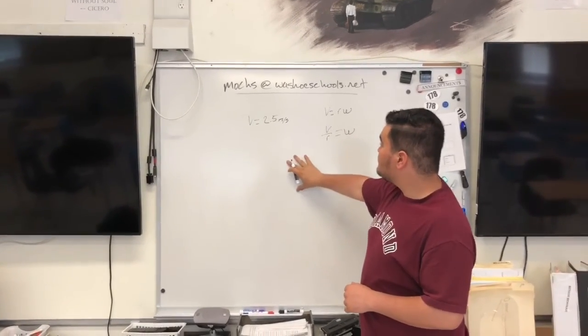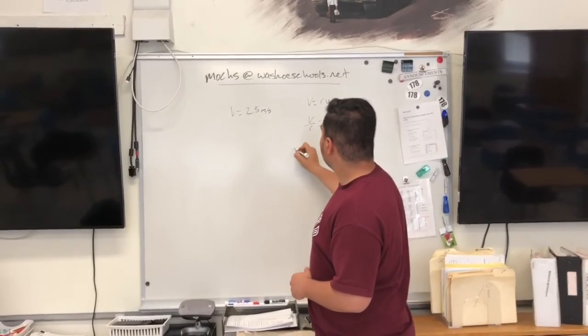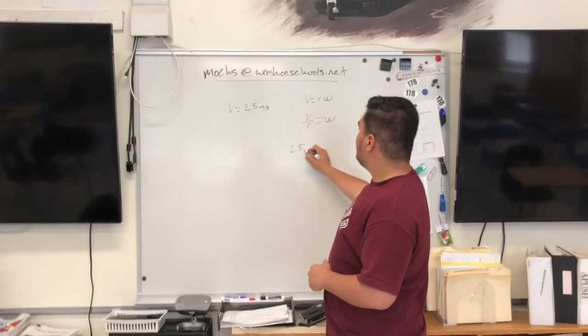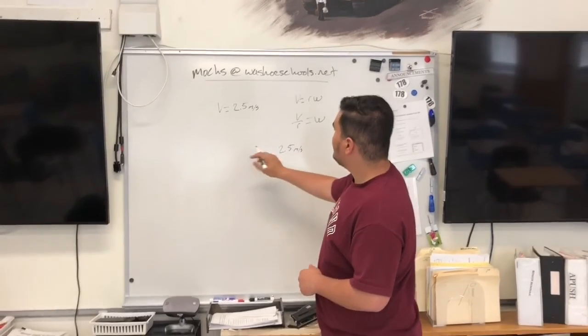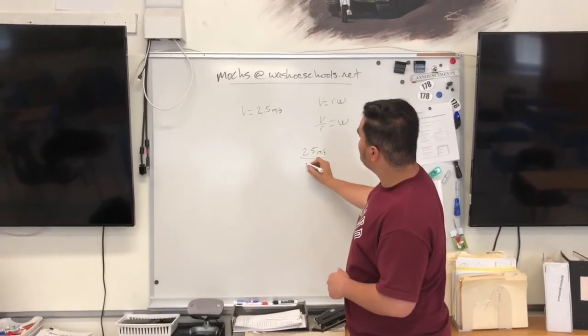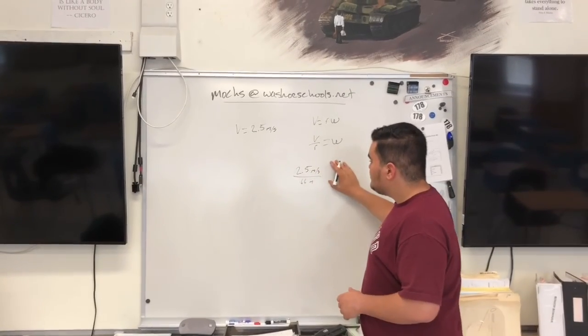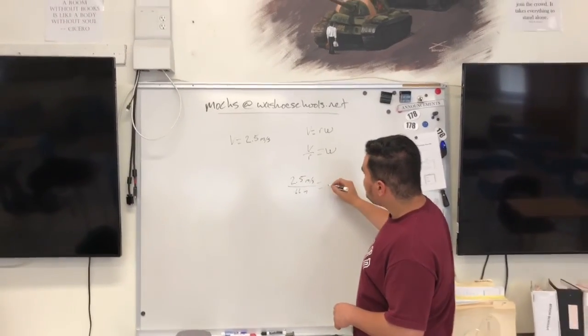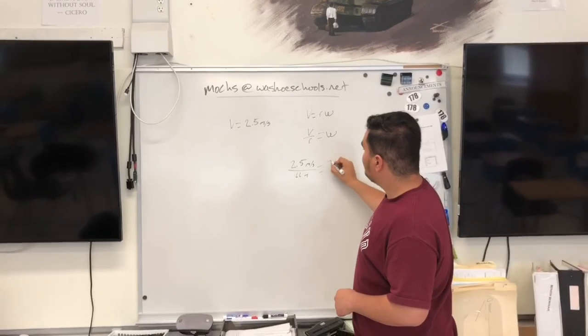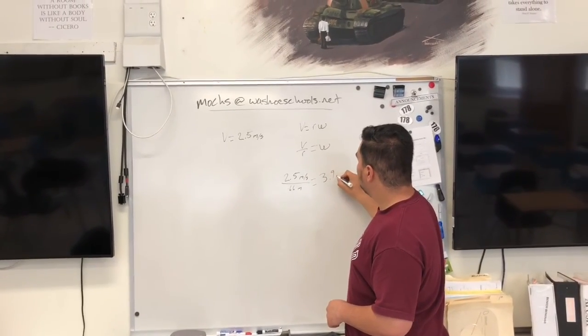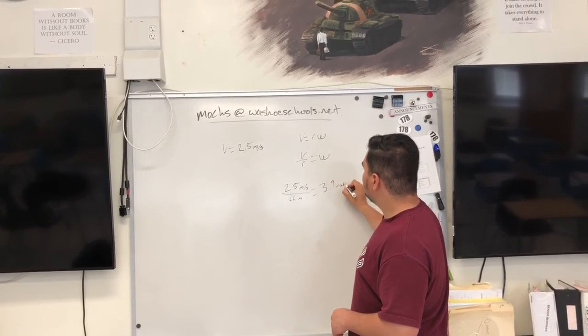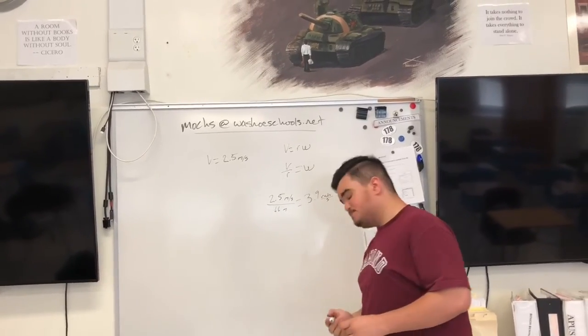So plugging in what we know, we have a velocity of 2.5 meters per second, and we have a radius of 0.66 meters. Now doing the fancy math and dividing that out, we get an omega of 3.9 radians per second.